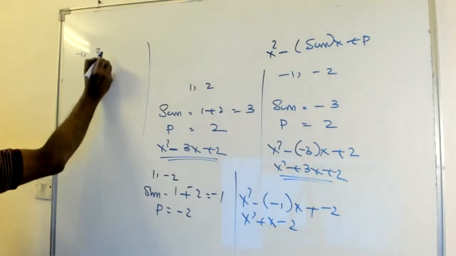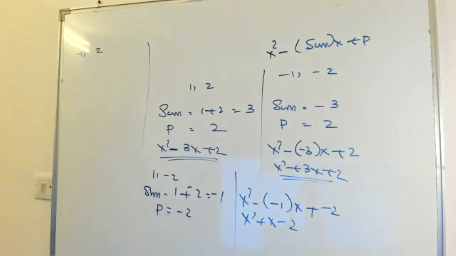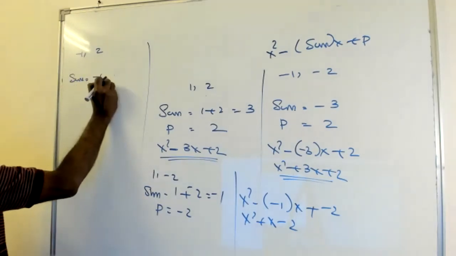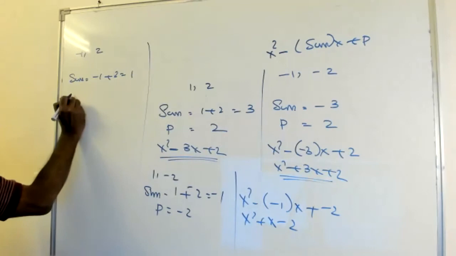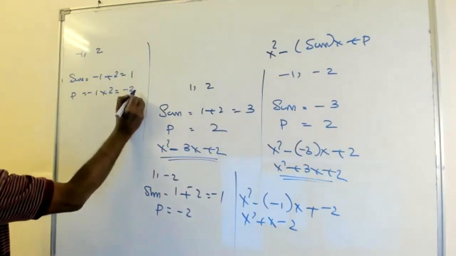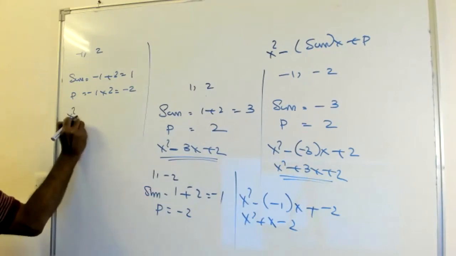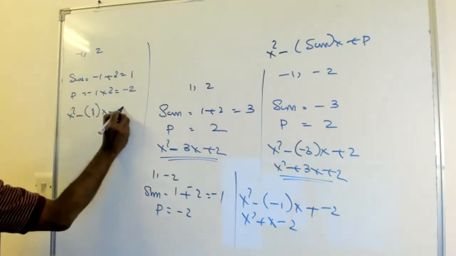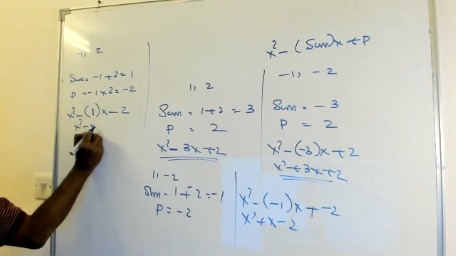Minus 1 and 2. Sum is minus 1 plus 2, which is 1. Product is minus 1 into 2, minus 2. Polynomial: x square minus 1 into x minus 2, so x square minus x minus 2.